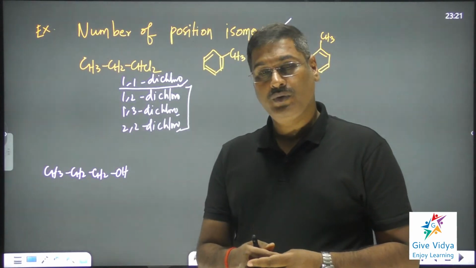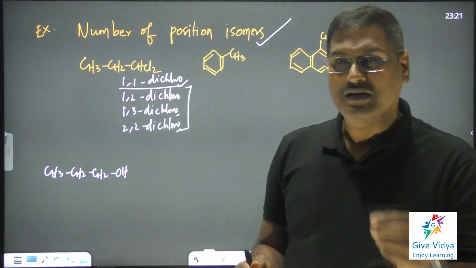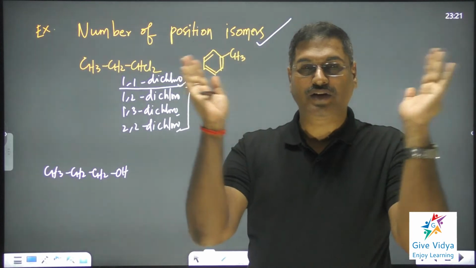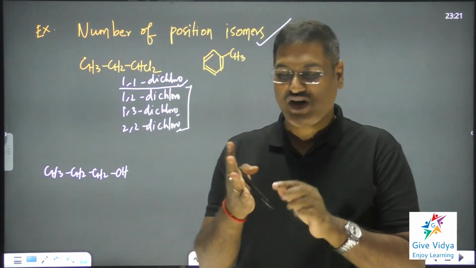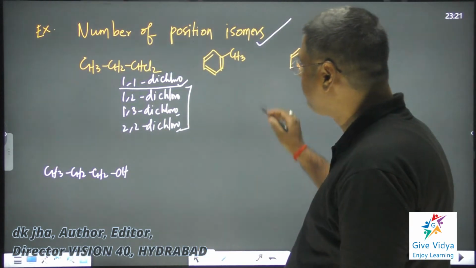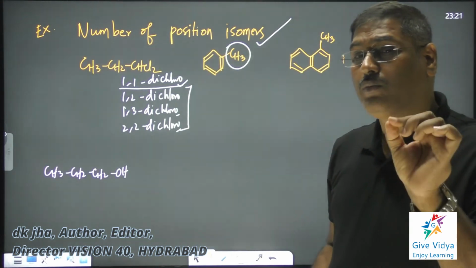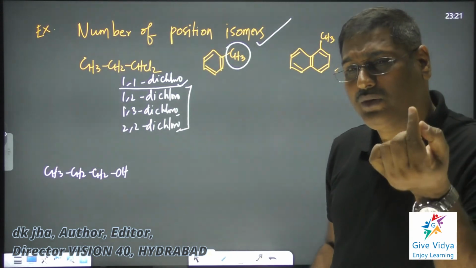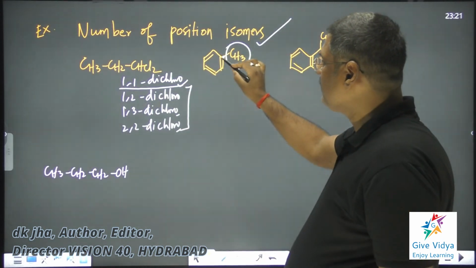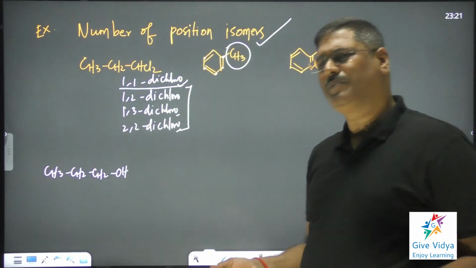Most of you, not everyone, don't listen to the question. Immediately you get connected with benzene, and then you start counting ortho, meta, para. But it is a case of mono substituted, when only one substituent is there. In that case, whether you keep it here or there, wherever, all places are equivalent.